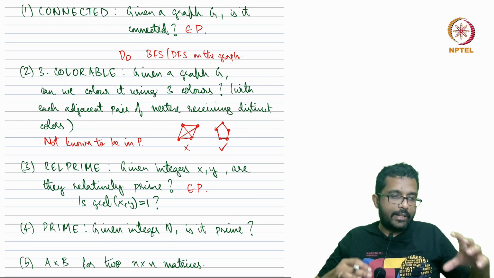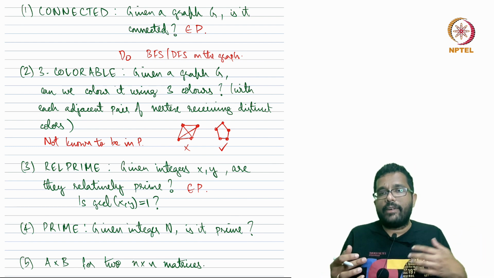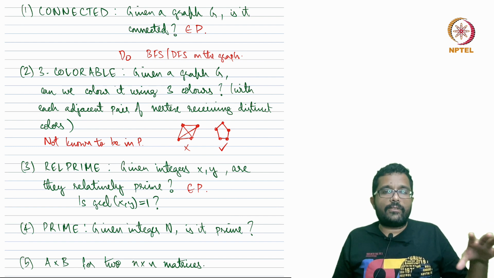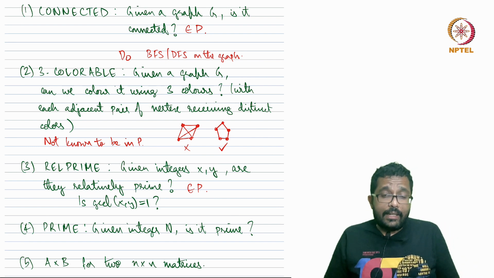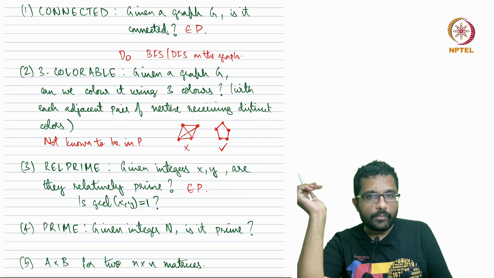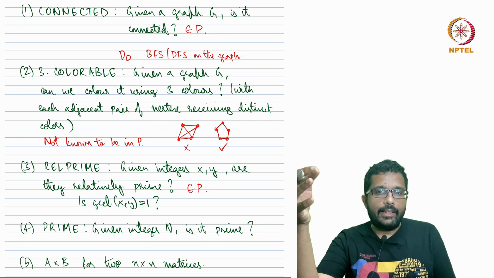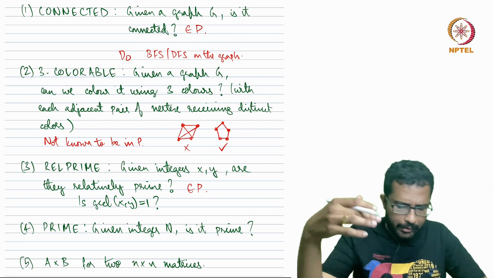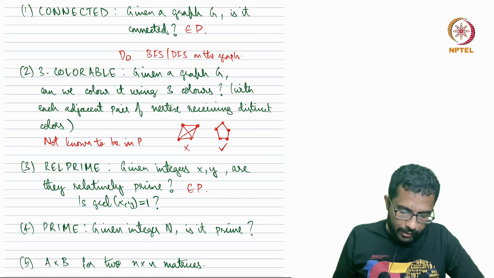You basically divide the bigger number by the smaller. So if x is bigger and y is smaller, you divide x by y, and if y is a divisor of x, then they are not relatively prime, assuming y is greater than 1. If y does not cleanly divide x, then you take the remainder and repeat. I don't want to get into details, but there is a clean algorithm for this.